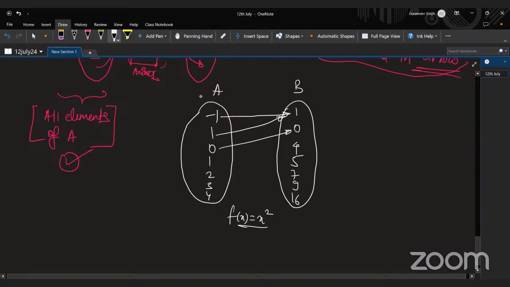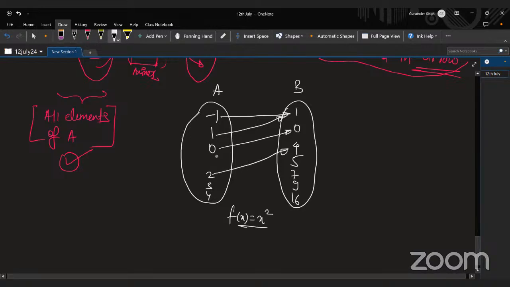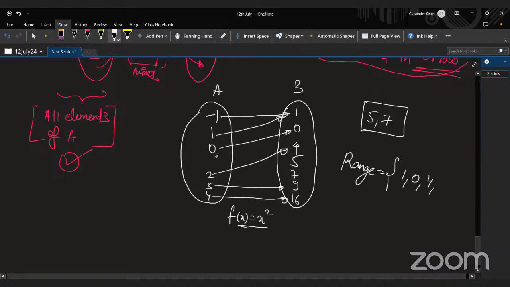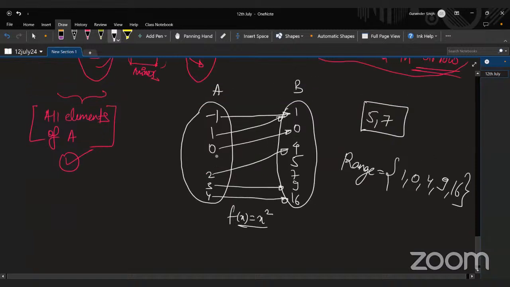Sorry, I wrote 1 again, my fault. It will map 2 to 4, 3 to 9, and 4 to 16. So here we have 5 and 7 left out. So it is not necessary. My range over here will be 1, 0, 4, 9, and 16. Right? Yes, sir. We had discussed this yesterday also, right?